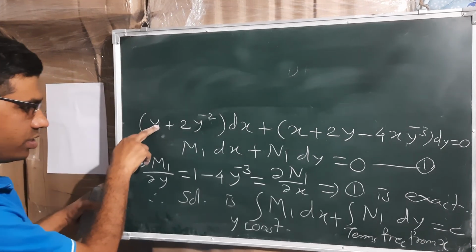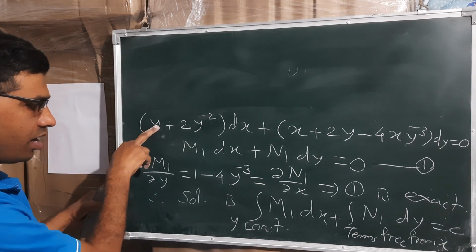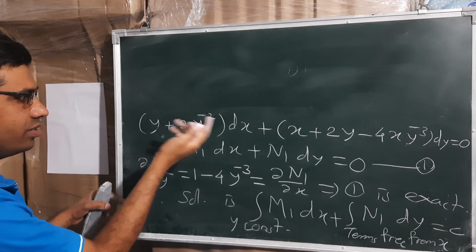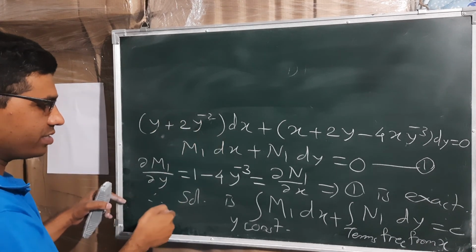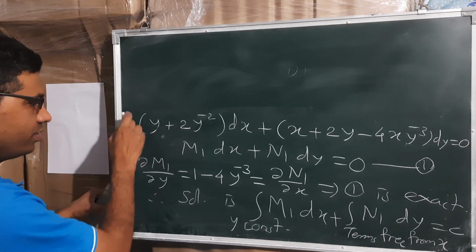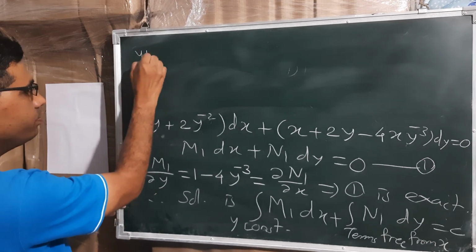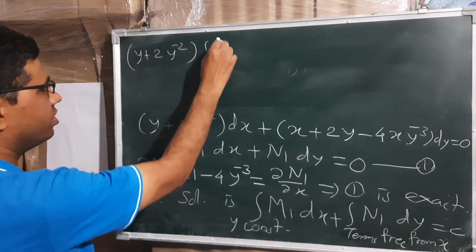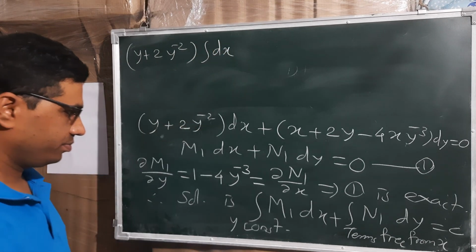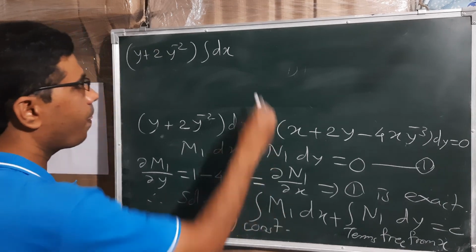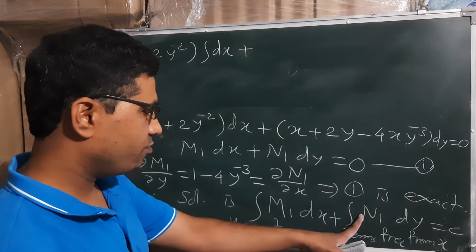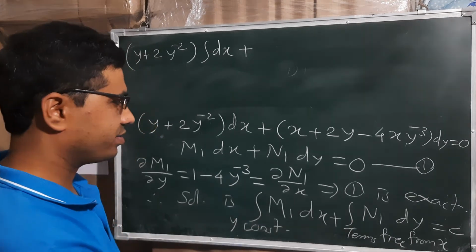So this with respect to x, we keep y constant, so there is no x, so integration of 1 is x, so (y plus 2y raised to minus 2) integration dx, plus we take terms in n1 which are free from x.